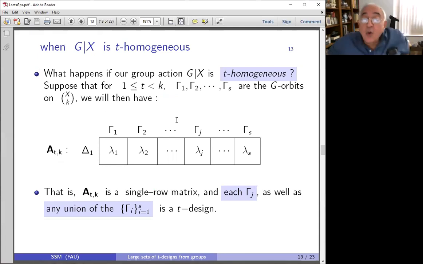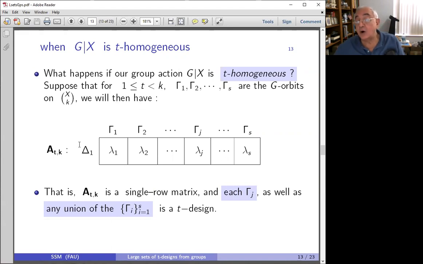Now, what if the action G acting on X is T-homogeneous? Let's assume that T is greater than or equal to 1, K is bigger than T, and the action is T-homogeneous.